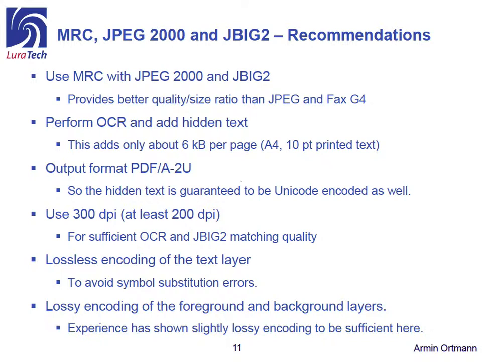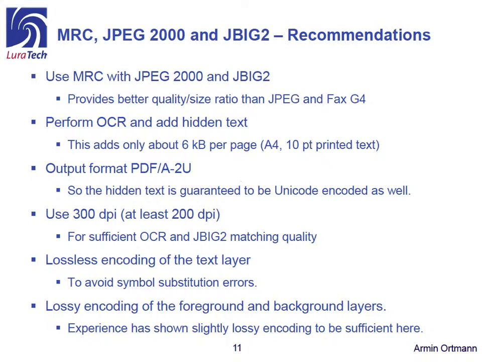Actually, you don't gain so much in compression when using 200 dpi. Below 200 dpi, many things become hard to read when using scanned document input. Even if you have a high quality scanner, small text tends to be blurred and distorted. And so we recommend 300 dpi.